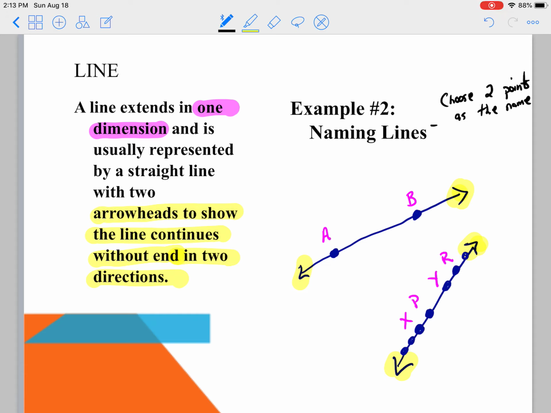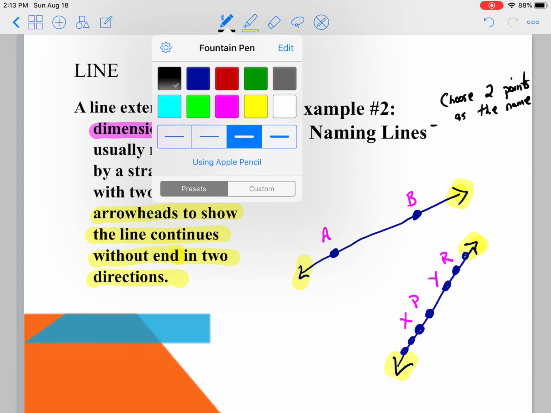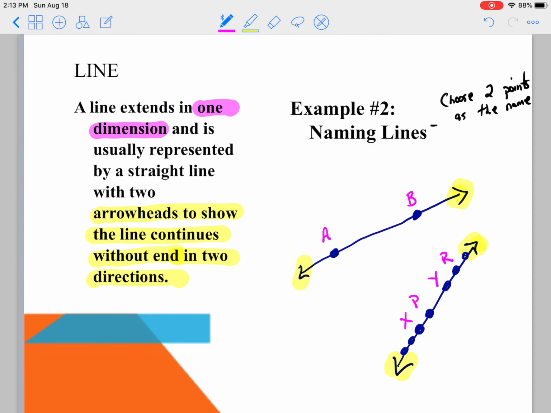It does not matter. Now, since I've only labeled 2 points in this top line, I'll have to use those 2 points. And so in this case, I would name this AB, with the letters of the points written directly next to each other without space. And then I will use the proper mathematical notation referred to in our learning targets.